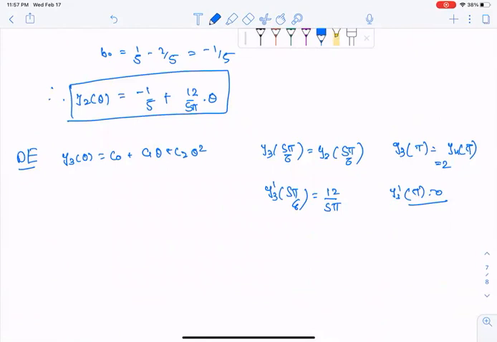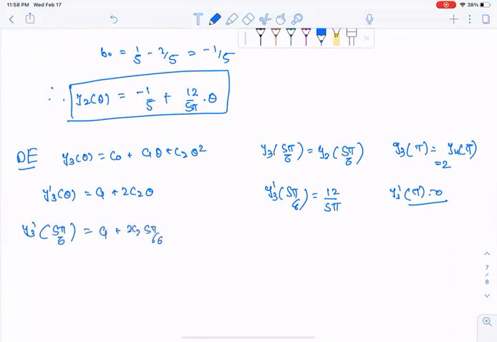So let's go ahead and start with the velocity, because that will give us two unknowns and two equations. So y3 dash theta is equal to c1 plus 2c2 theta, and I'm going to start replacing my boundary conditions. This will give me c1 plus 2c2 into 5 pi by 6 is equal to 12 upon 5 pi, and y3 dash of pi is equal to c1 plus 2c2 pi is equal to 0.